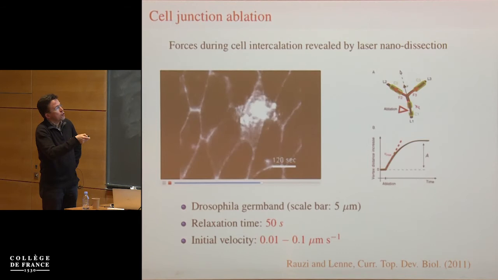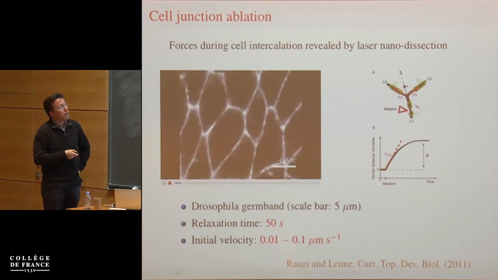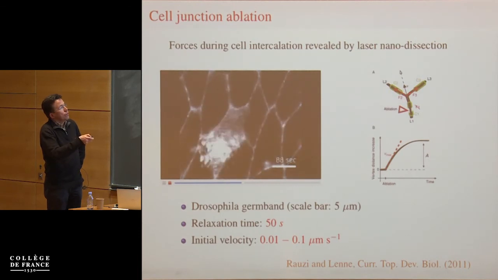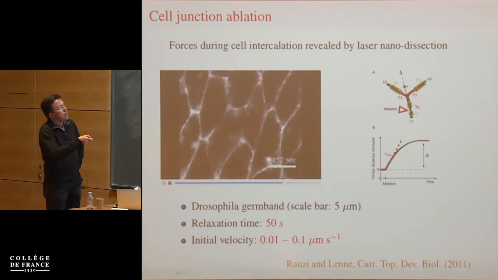direction of the original tension, gives an indication of the value of the force F1, given that we expect a friction force opposite to the velocity v to intervene in the dynamics of this vertex.